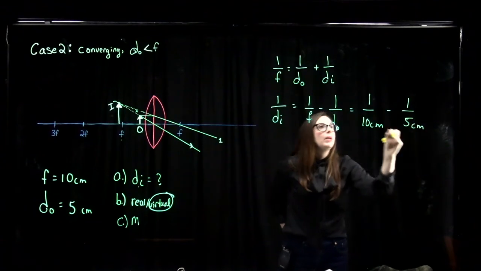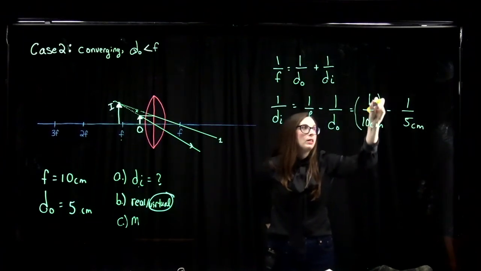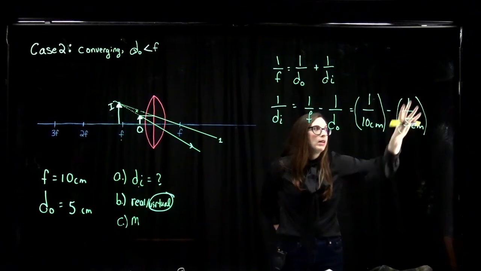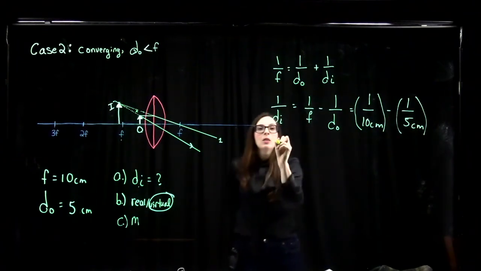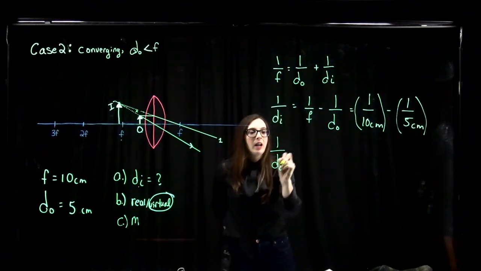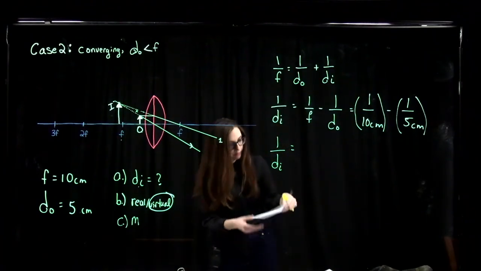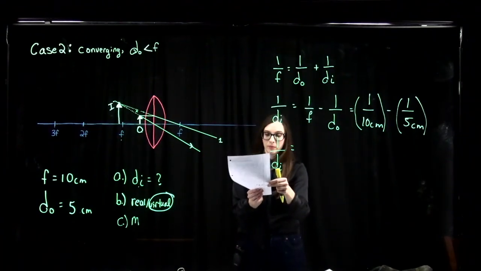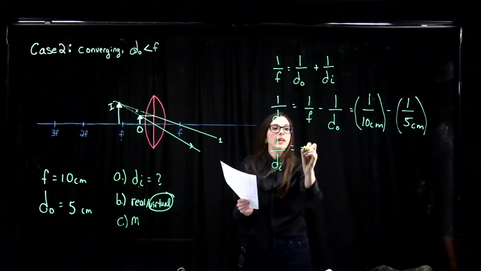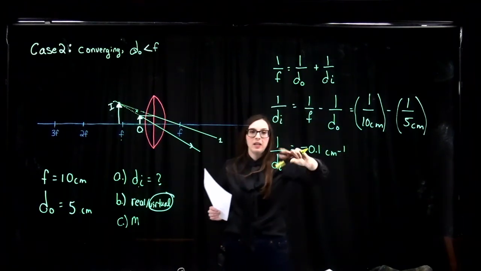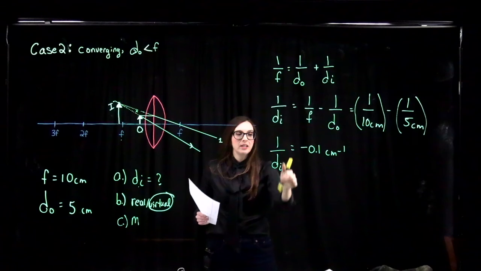So again, when you're typing it into your calculator, you're going to put parentheses around these bits. 1 over 10 parentheses minus 1 over 5 parentheses. 1 over di will equal minus 0.1 inverse centimeters.